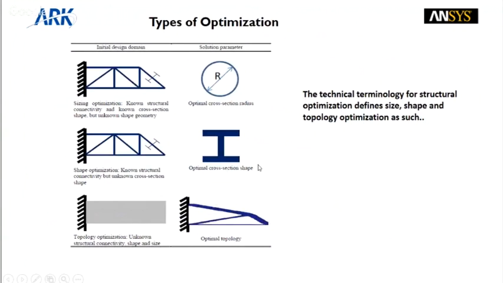Similarly, the second type of optimization is called shape optimization. In the first, I changed only the radius, that is, the size of my cross section.